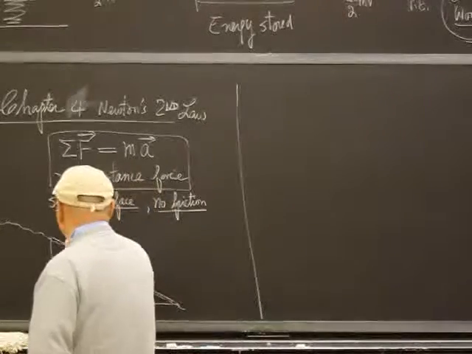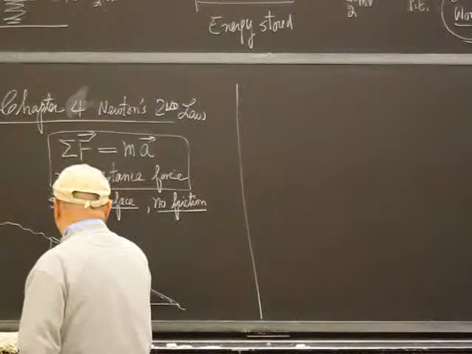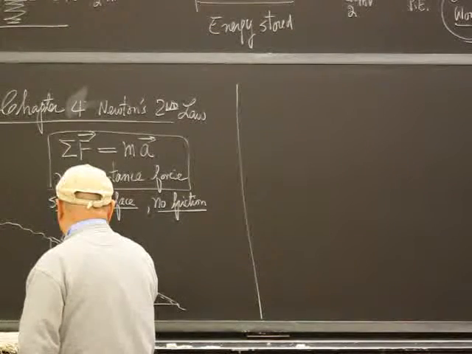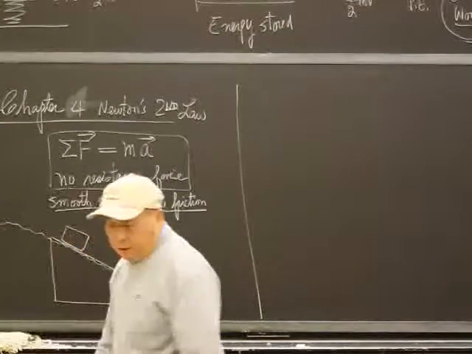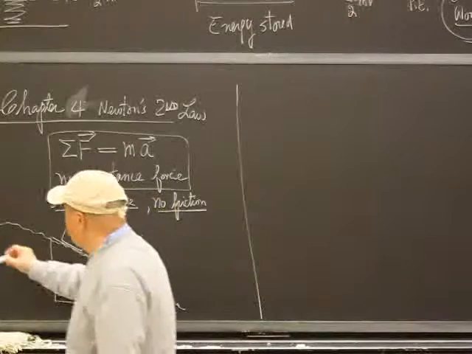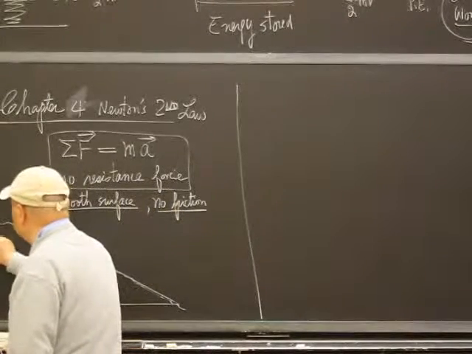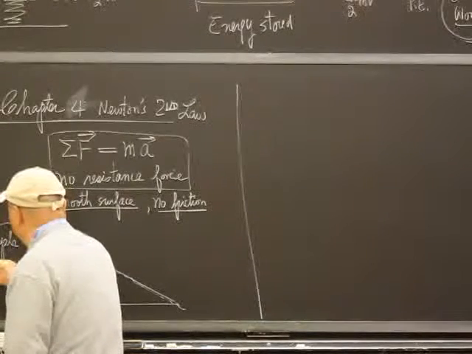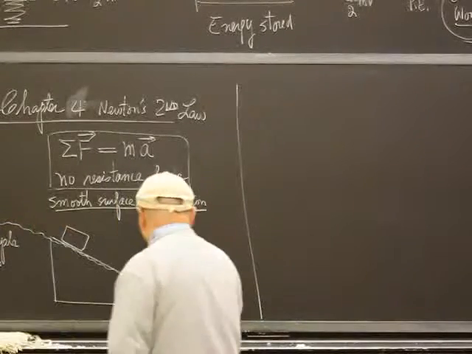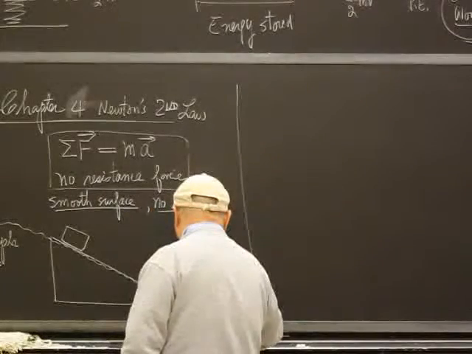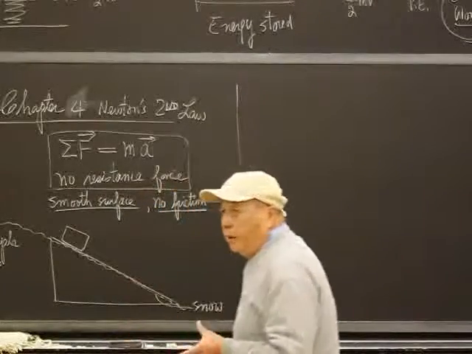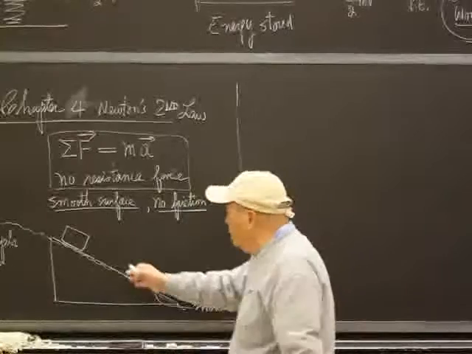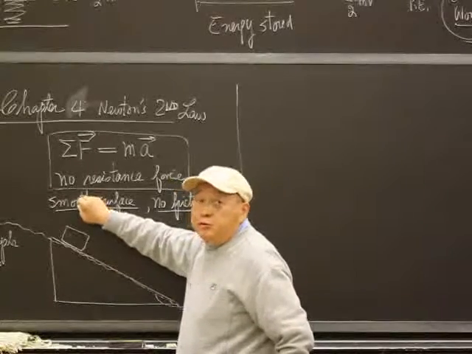I didn't draw this. It's example 4.3. They said snow, which indicates a smooth surface.